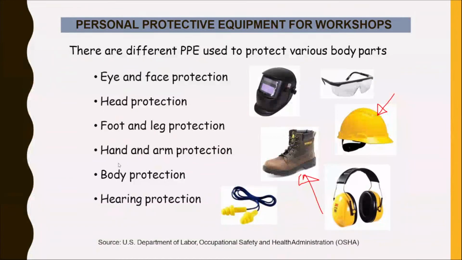Hand and arm protection, you can wear gloves, and for body protection, you can wear an apron. Hearing protection, you can use this kind of ear muffs, to protect your ears from vibration and loud sounds.